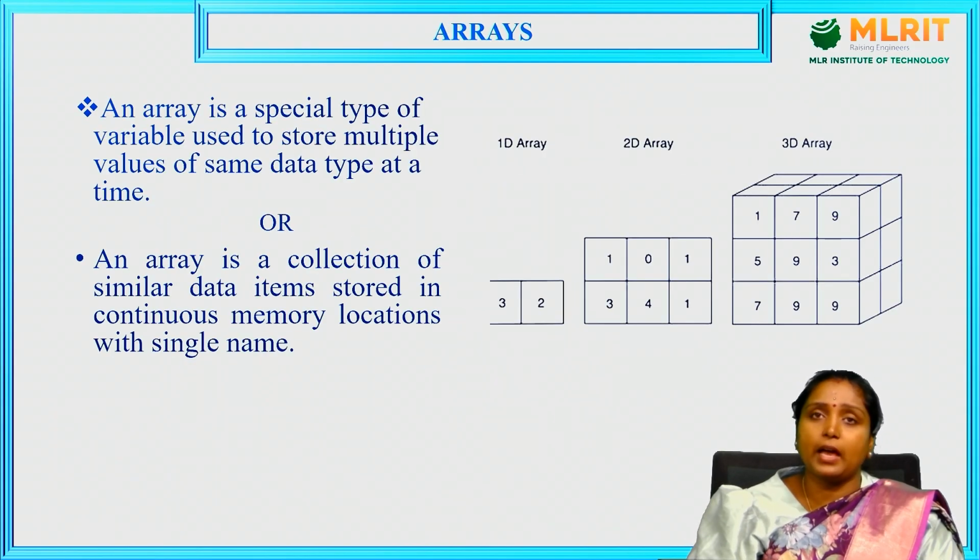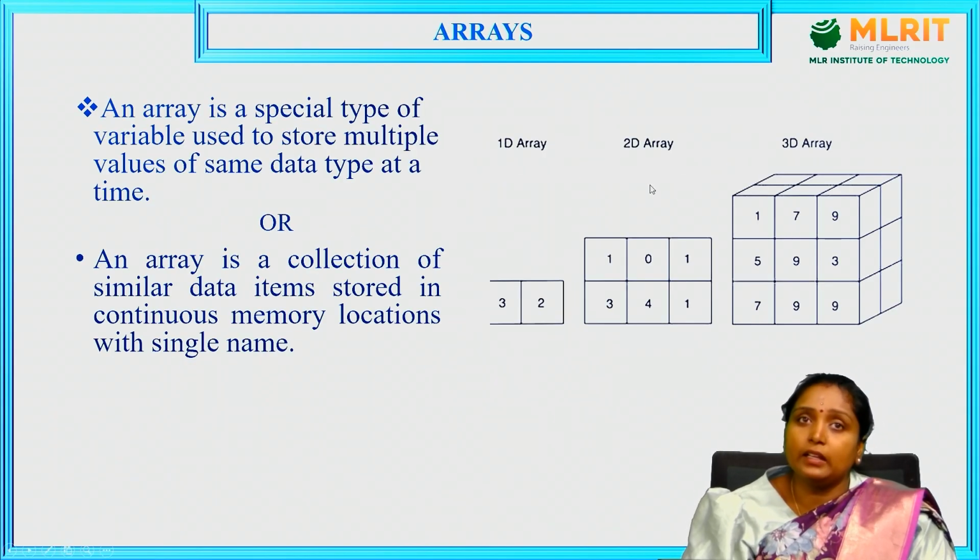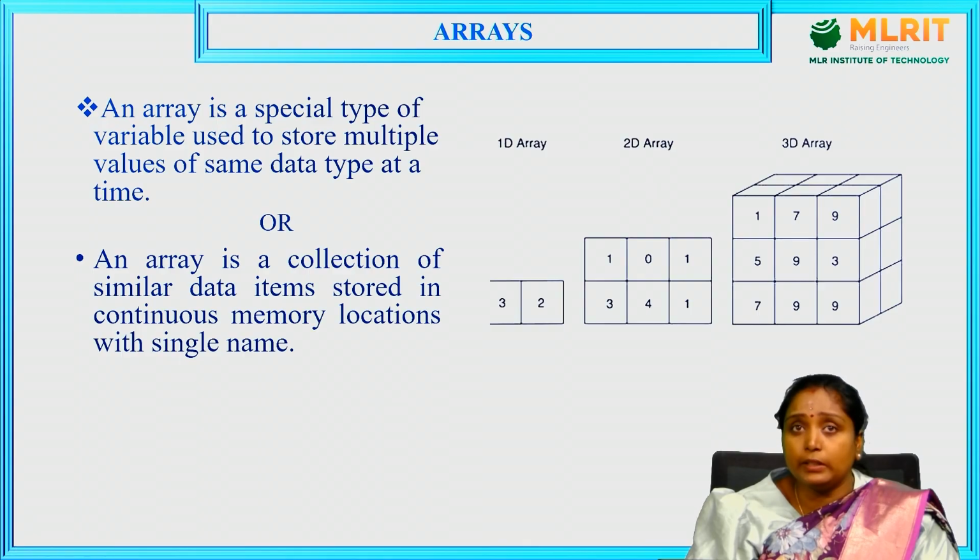Coming to arrays, we can define an array. An array is a special type of variable which can store multiple values of the same data type at a time. An array is a collection of similar data elements stored in contiguous memory allocation with a single name.